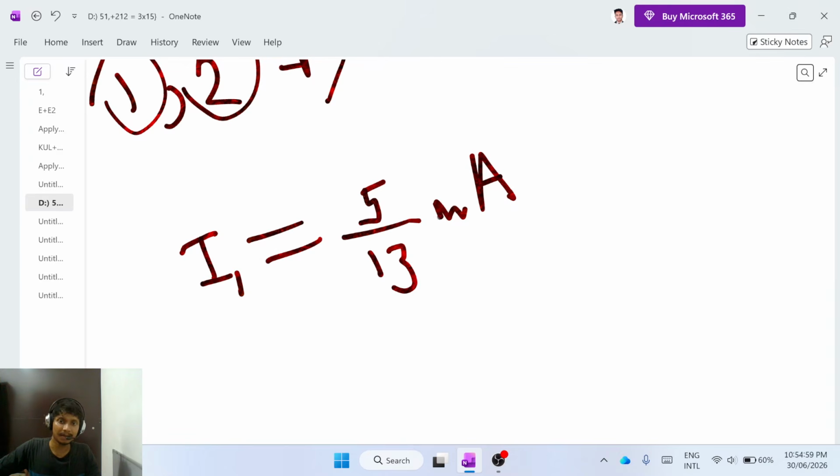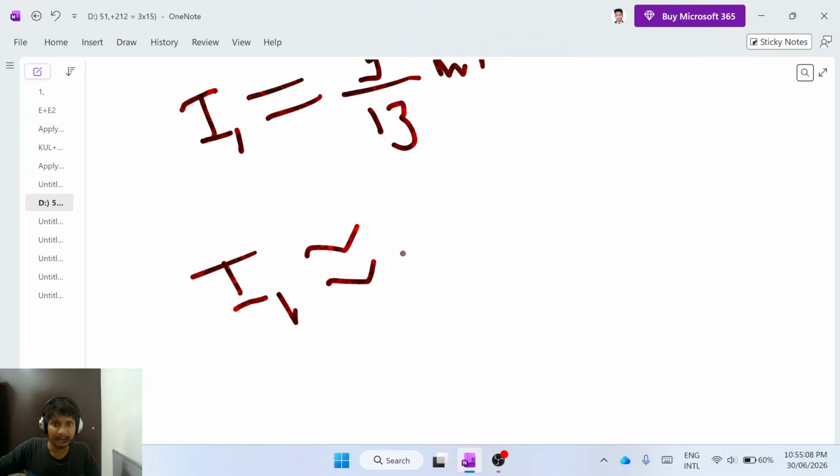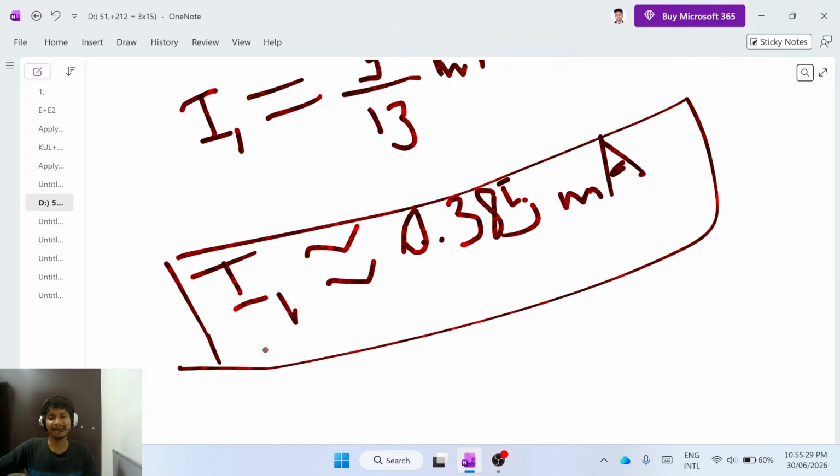I1 is approximately equal to 0.385 milliampere. If they ask the question to find I1, giving the answer like this is, in my opinion, the best.